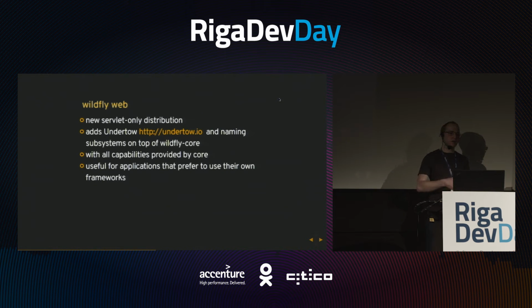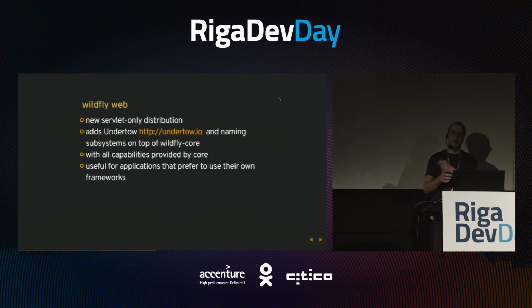We add Undertow and naming subsystems on top of the core, and essentially we are obtaining a web server. So WildFly Web is essentially a web server, but it's worth mentioning that it has all the features provided by the core.